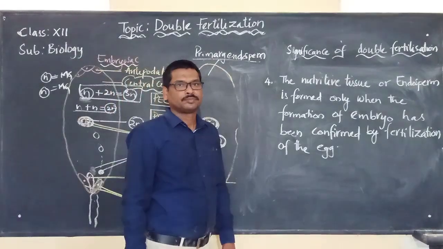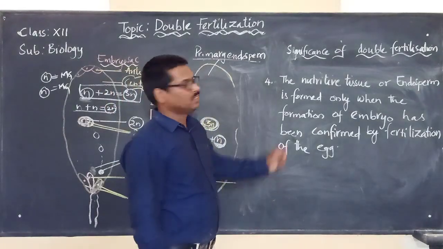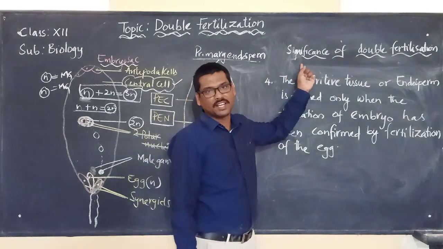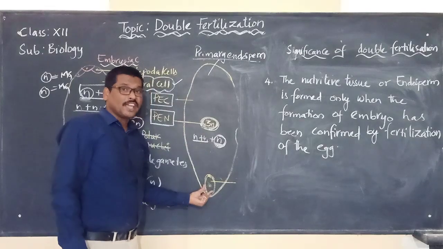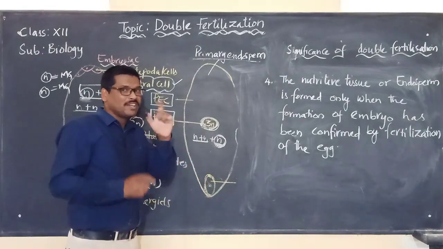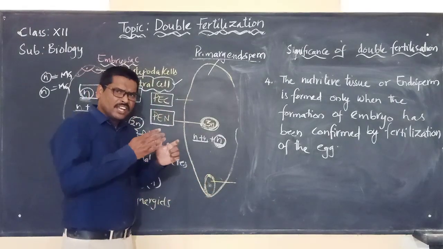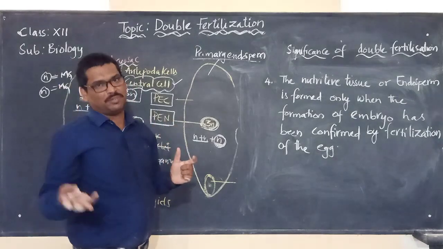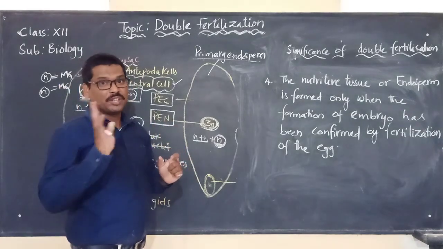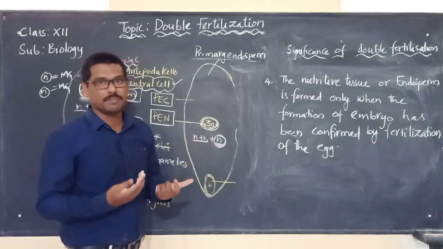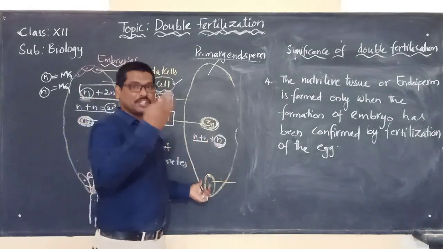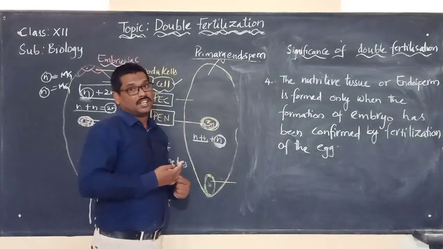So now the last point under significance of double fertilization. Here we said that the diploid zygote is now in dormant stage. Isn't it? Dormant stage means it is not completely developed into embryo. When it will completely develop into embryo, it needs some nourishment. If the zygote has to develop into embryo, it compulsorily needs nourishment.